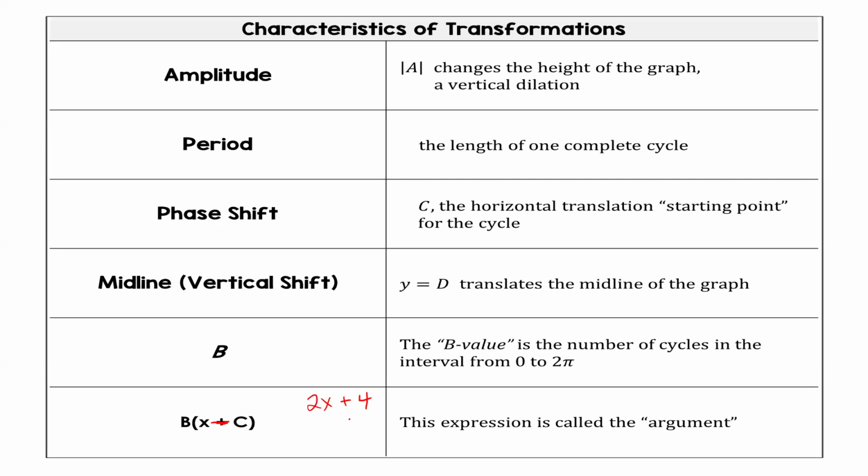I would need to factor out so that x has a coefficient of 1. So I would divide out the 2 and I would get 2 times x plus 2. So my B value is 2 and my C value is also 2. Does that make sense?